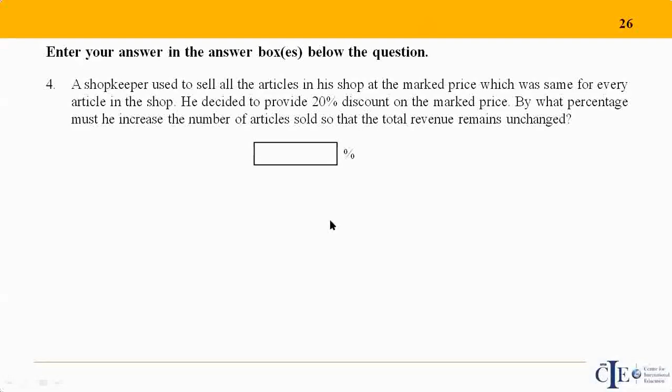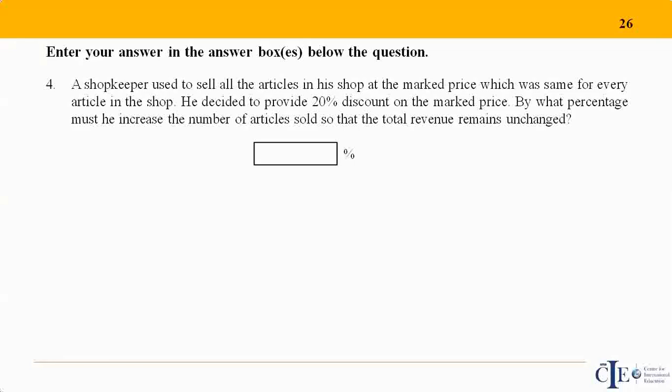So what are we getting? 25%. Here we see that he used to sell some articles at some price.